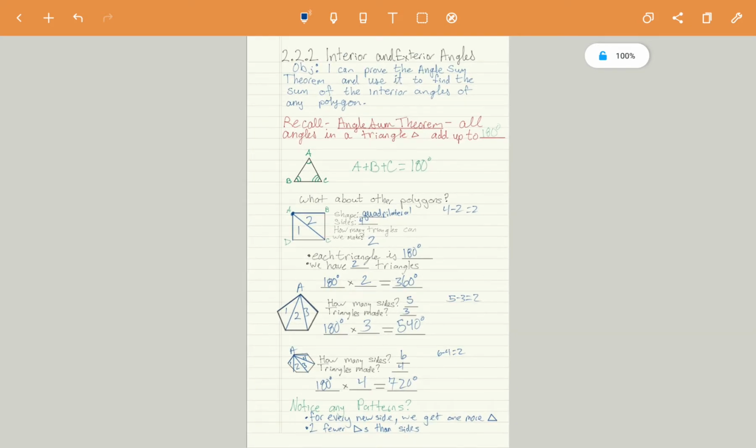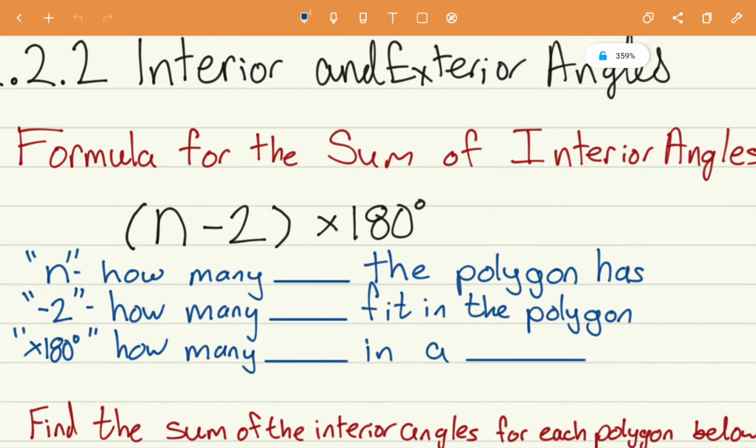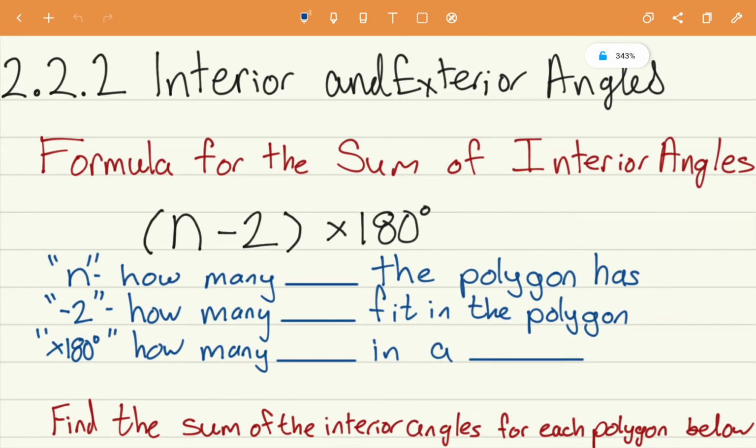So that is where this next formula comes in. This is the formula for the sum of interior angles: (n minus 2) times 180. n is how many sides the polygon has.